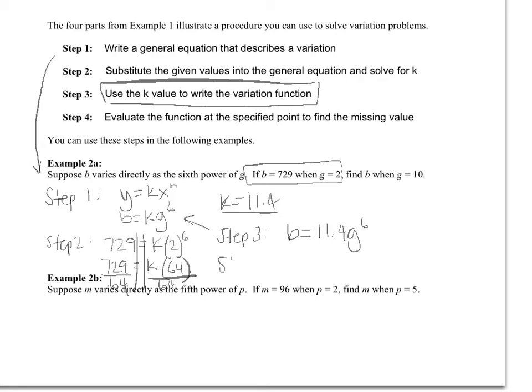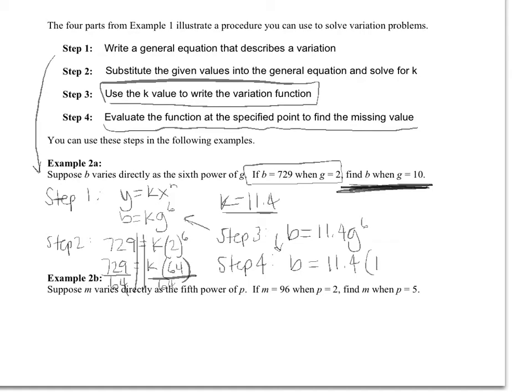And finally, step 4, evaluate the function at the specified point to find the missing value. They want us to find b when g equals 10. So we're going to use this formula right up here. b equals 11.4, g is 10, and we know it's g to the 6th.